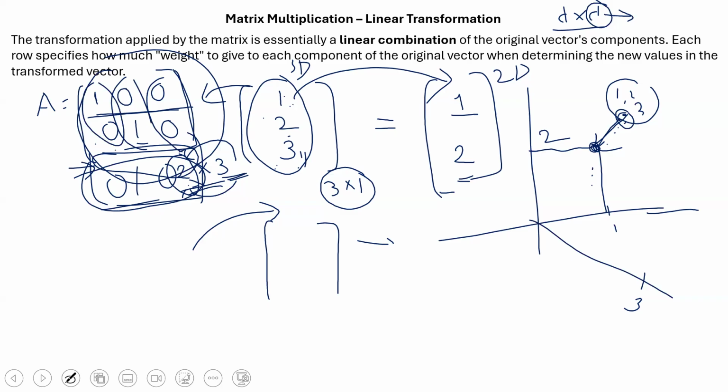As I said, transformation can be scaling, rotating, or dimensionality reduction, or projecting the point from higher dimensions to lower dimensions. That is how we get linear transformations when we do matrix multiplication.